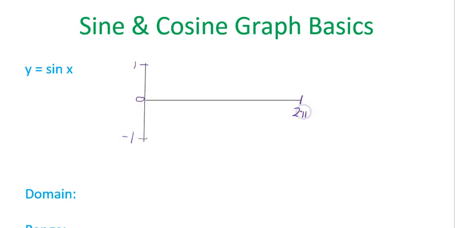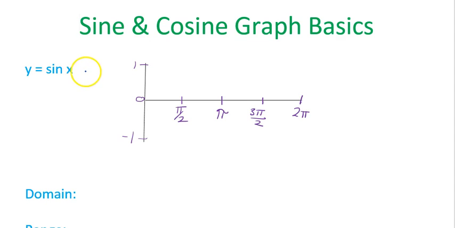So I'm going to mark the end 2 pi, but I'm also going to label pi, which is the halfway point, and then the two quadrant markers, the pi over 2 and 3 pi over 2, because important things happen at those places on this graph. And so that's how I want you to start out. I want to see those labels on your graphs.